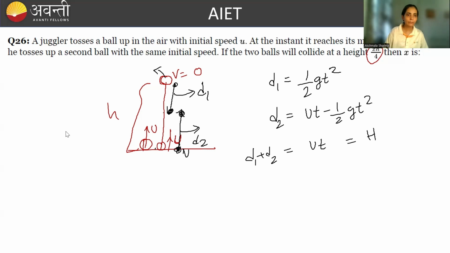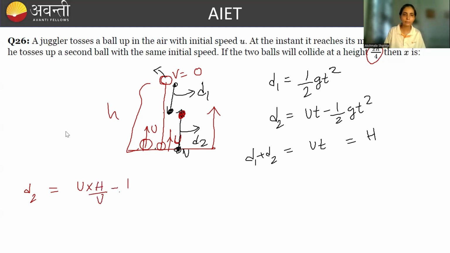Now we need to calculate the height at which they are meeting. So at what height are they meeting? Here they are meeting, so at D2 height. So let's calculate the D2 value. ut, u into t. What value can you put for t? H by u.